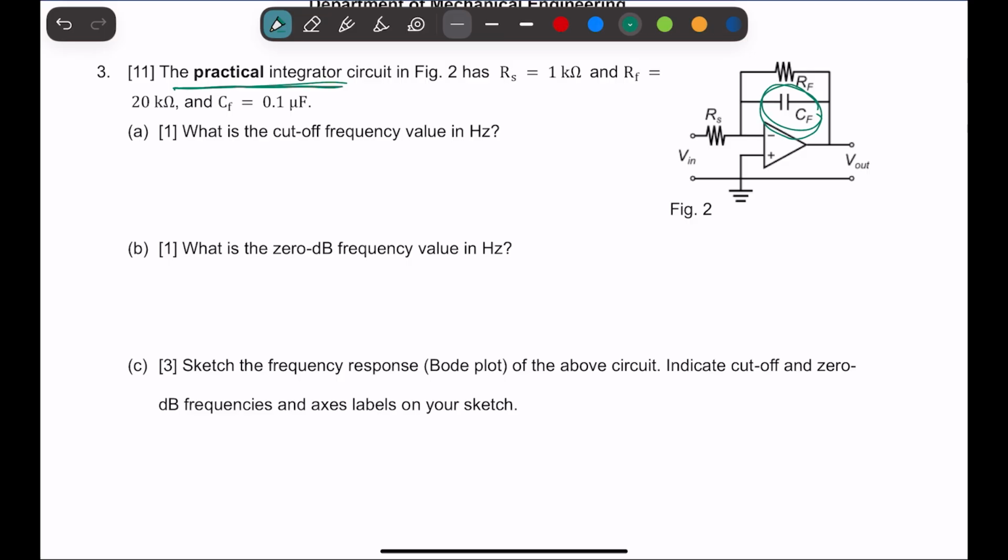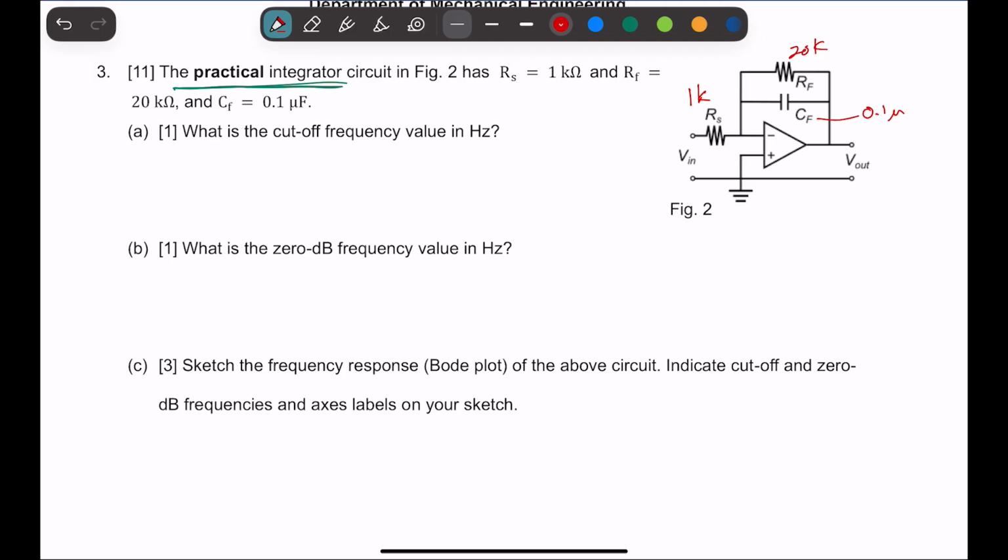Okay, and in order to make it a practical integrator, we're adding this additional resistor there, right? So RS we have is 1K, RF we have is 20K, and the CF value is 0.1 microfarad.